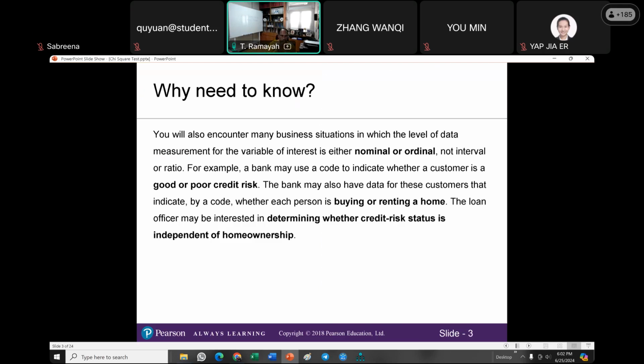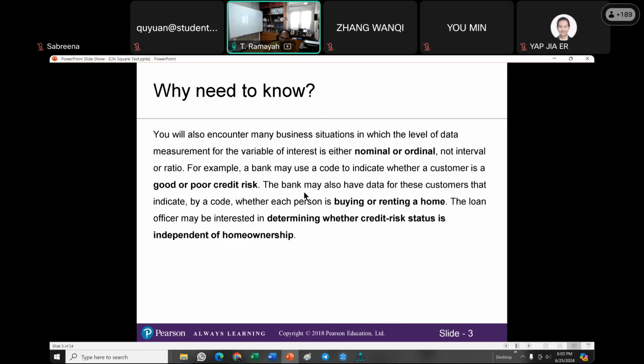Okay, so why is there a need to know this analysis? Not all the time will you get data which are continuous. Sometimes you will get data which is nominal or ordinal. For example, a bank may want to use a code to indicate whether the customer is a good or poor credit risk. Two levels here, good or poor.